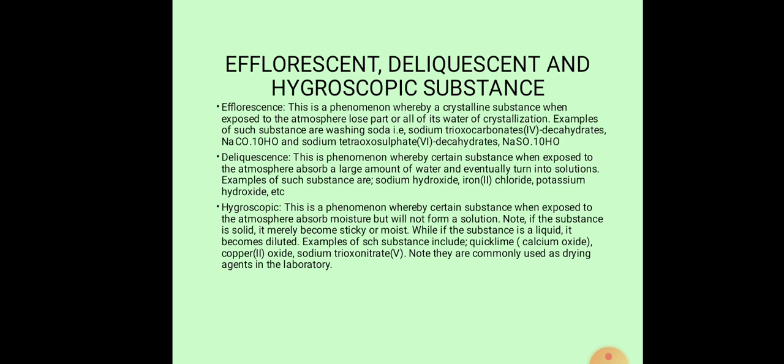A good example of such a substance is sodium hydroxide. Sodium hydroxide, when it is exposed to the atmosphere, takes water from the atmosphere and turns into a solution. Another example is iron(II) chloride, potassium hydroxide, and so on and so forth.